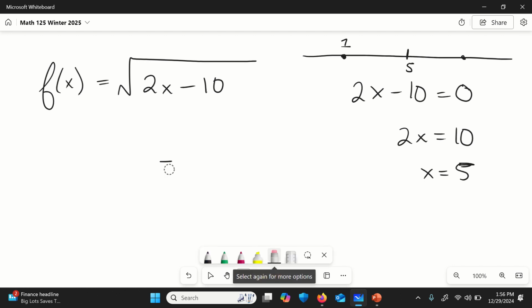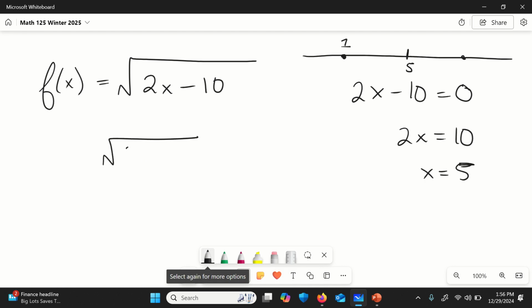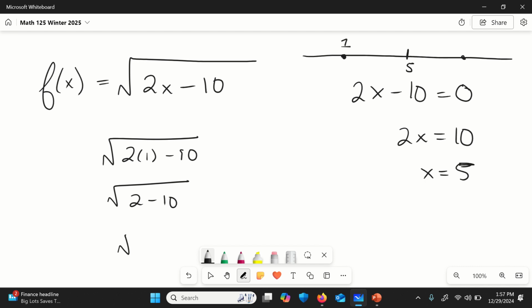So if I plug in positive 1 for x, we're going to have the square root of 2 times 1 minus 10. Multiplying first, that's the square root of 2 minus 10. Then we subtract, we get the square root of negative 8, and that is not a real number, which means it's something we're not allowed to use for x, that value 1.